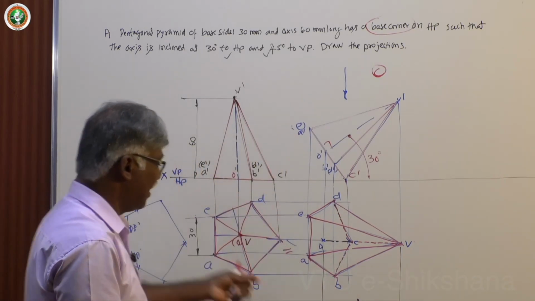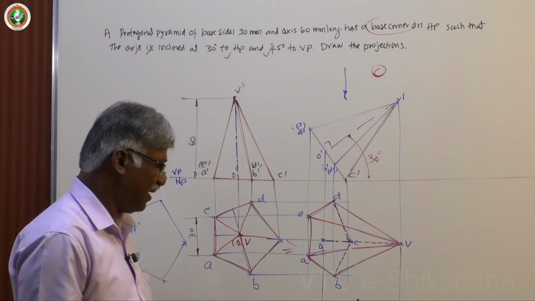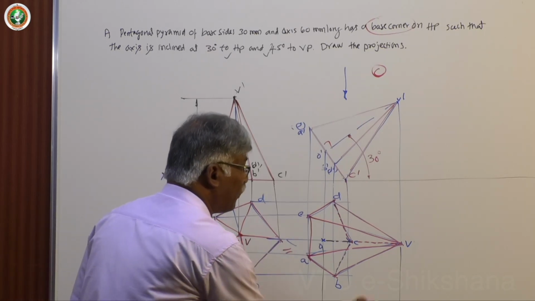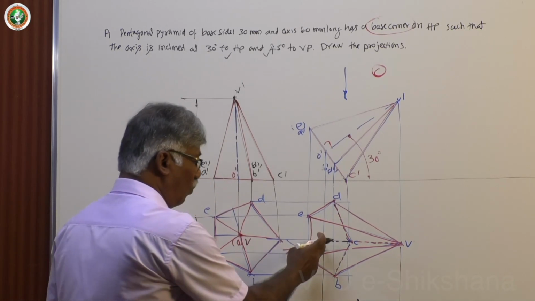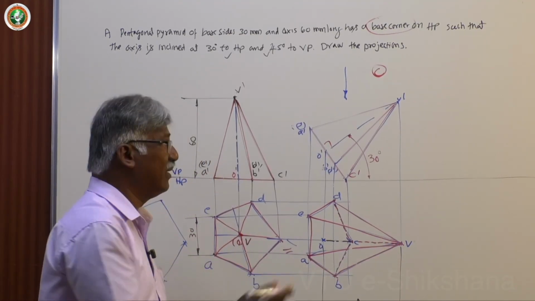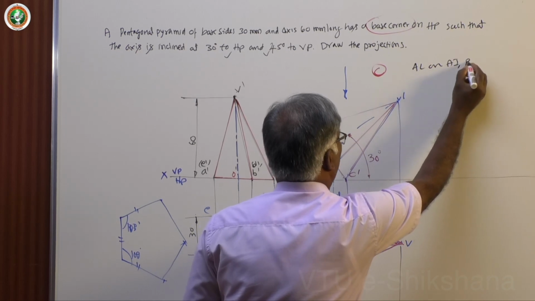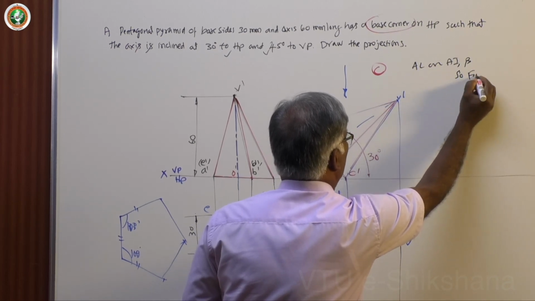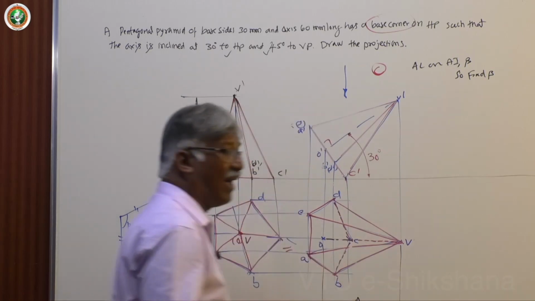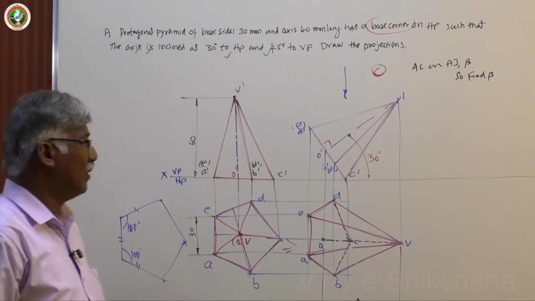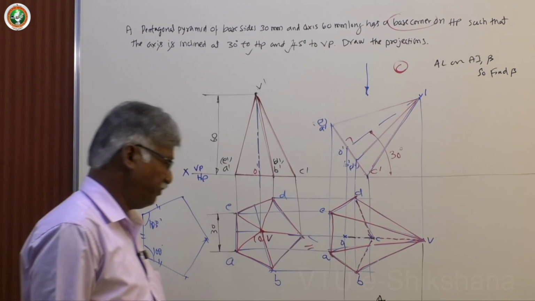True length is 60, apparent length will be less than that definitely. Now, you are supposed to find beta. Why do you have to find beta? OV is apparent length, AL on AI, apparent length on apparent inclination, that is beta. So, find beta. So, this is how you can analyze the given problem, whether to find beta or not.